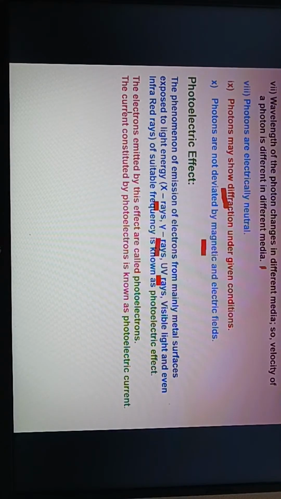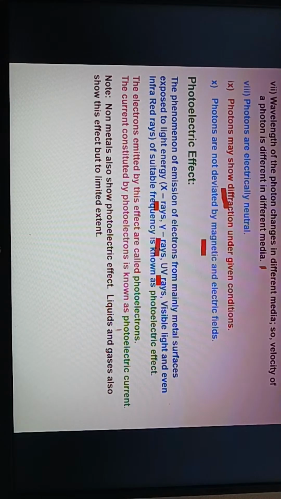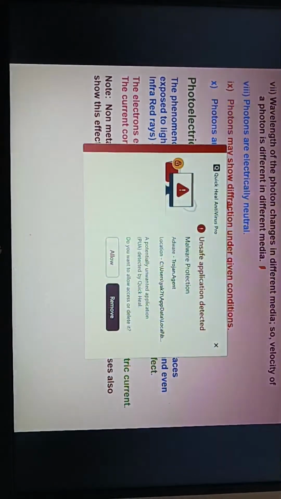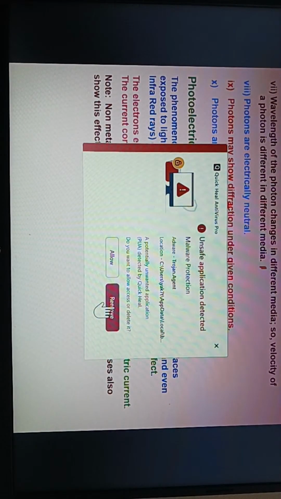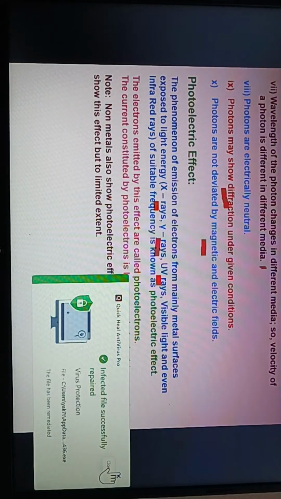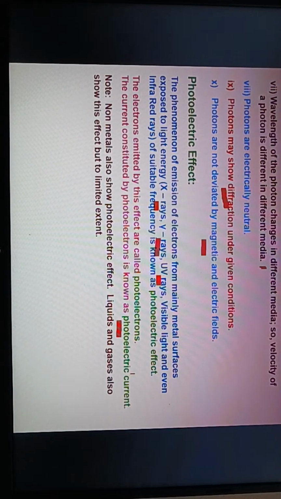Next. Electrons emitted by this event are called photoelectrons. The current constituted by photoelectrons is known as photoelectric current. So these technical terms you remember: photoelectric current, photoelectrons, photoelectric effect. Three things you have to remember for objective type question.